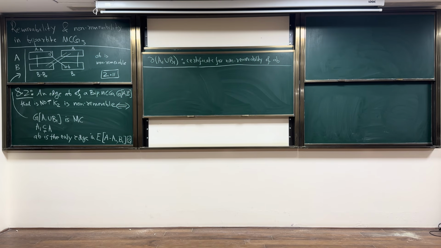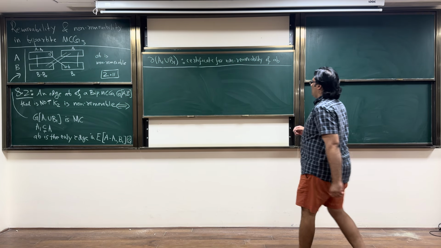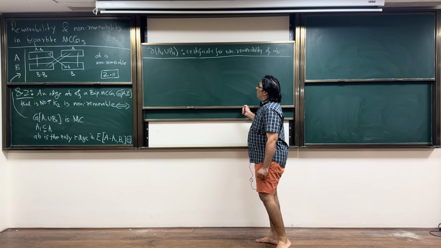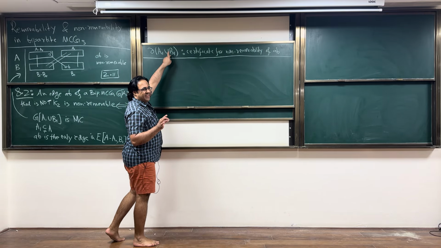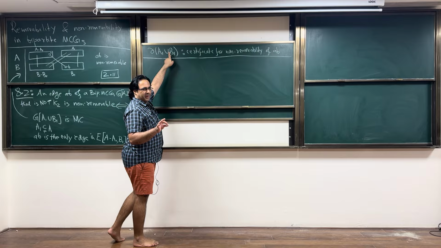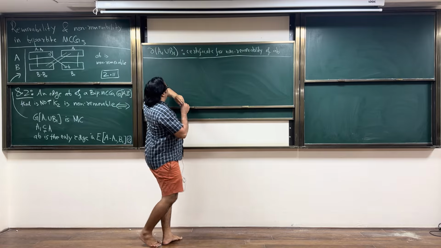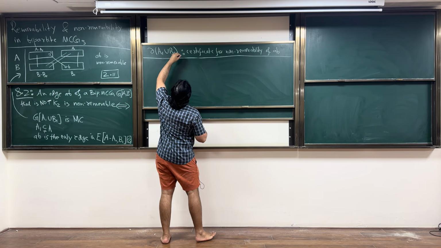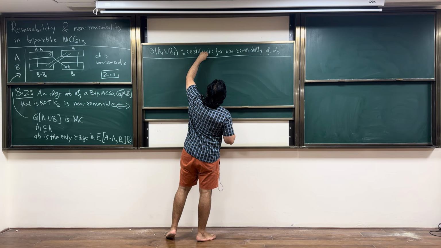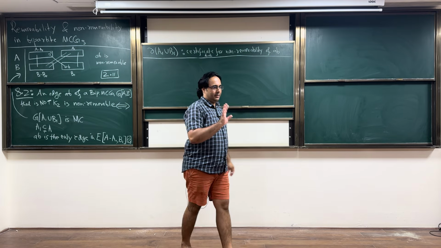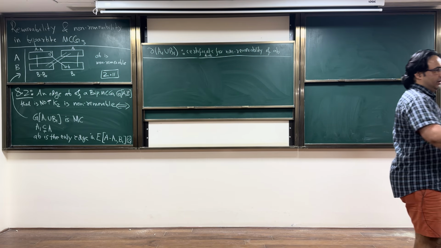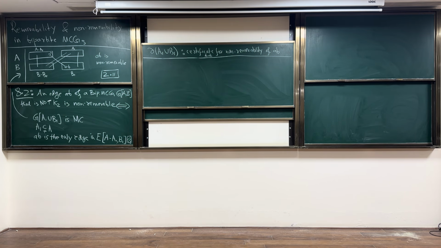But I would also like to think of just A1 union B1 itself as the certificate for non-removability. So for today I will use the same term for just the set A1 union B1 to make my life a bit easier. Technically speaking, they look at the cut of that set.